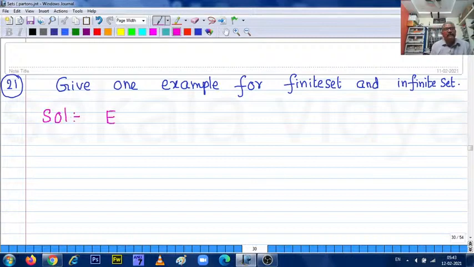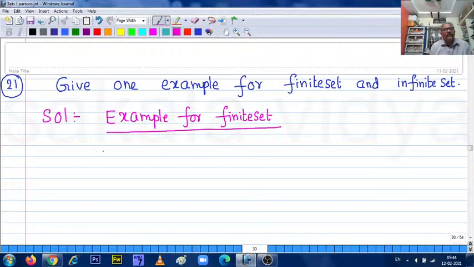First, an example for a finite set. You give it like this: A is equal to {2, 3, 5, 7}.